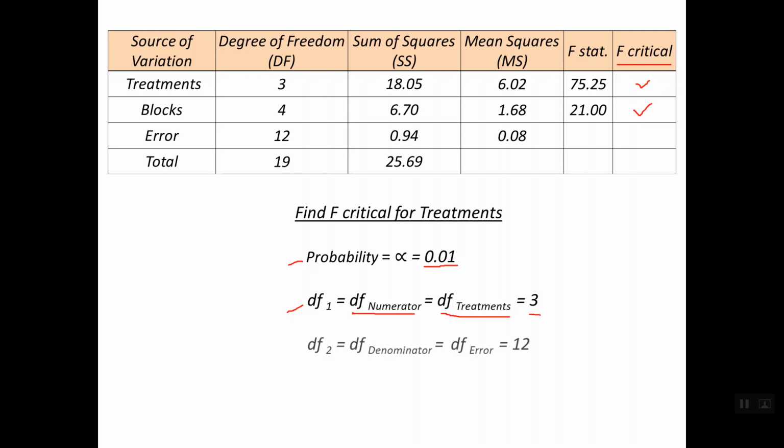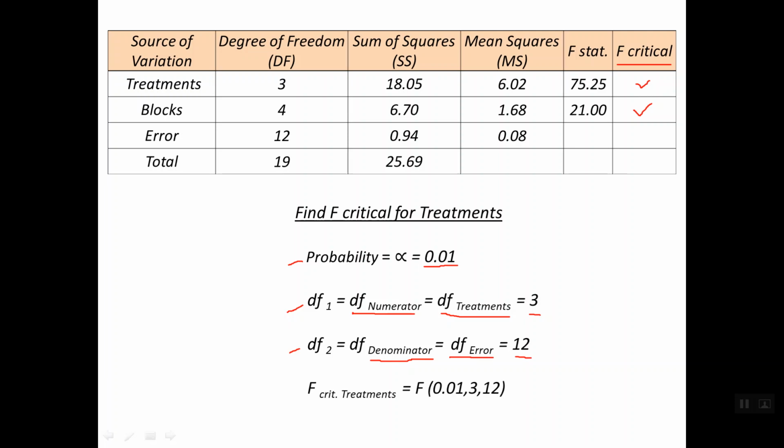and the other value is the second degree of freedom, which is called the degree of freedom in the denominator, which is simply the degree of freedom for the error, and it is 12.